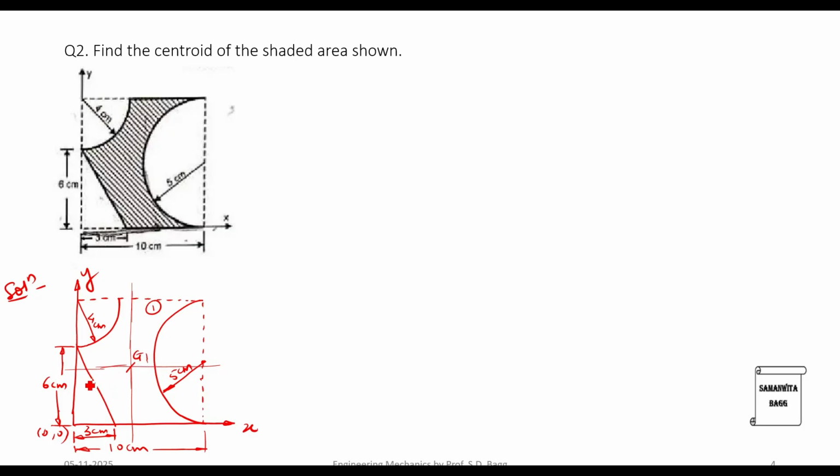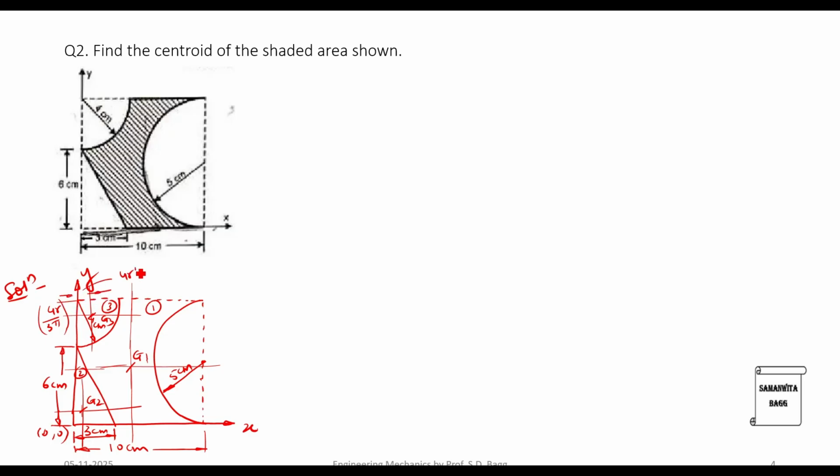Then let me label the right angle triangle as the second part, for which this is going to be my G2, 1/3 of base, 1/3 of height. The third shape is the quarter circle, for which the centroid is here. This is G3. This gap over here is 4r by 3 pi, and so is this gap.